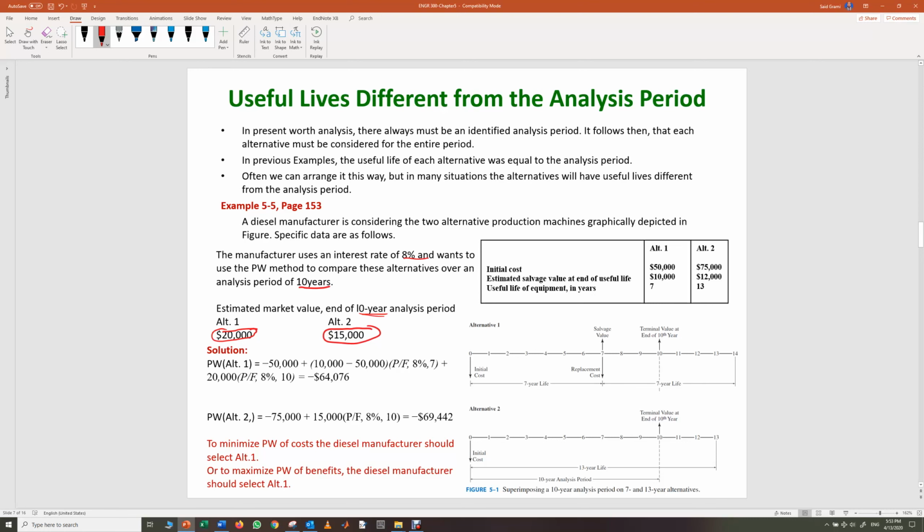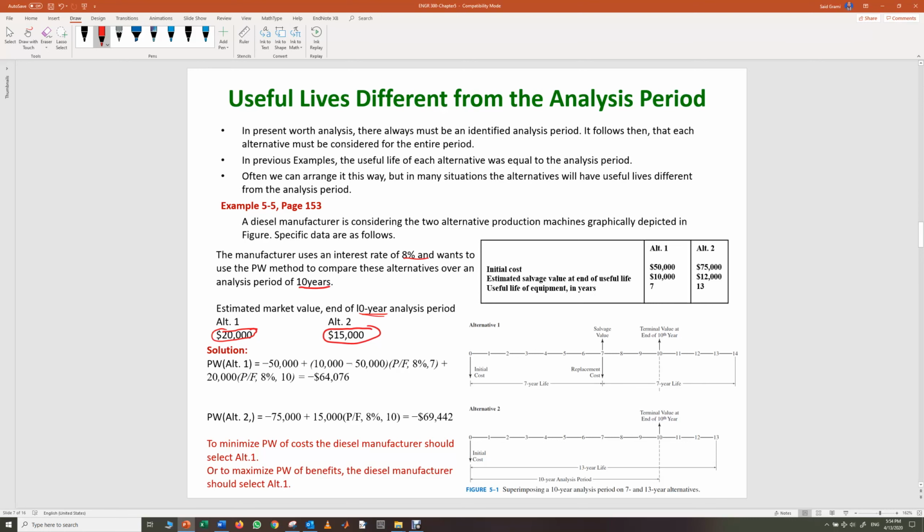So the present worth of alternative 1 is minus 50,000. This is the initial cost of the machine when we buy it at the beginning of the cash flow, plus 10,000, which is the salvage value, minus 50,000, which is the cost of the replacement of the machine. Okay, this is considered as a future value, so looking for P given F, 8%, 7 years. So this is the salvage value, and this is the cost of a second machine to cover the remaining 3 years.